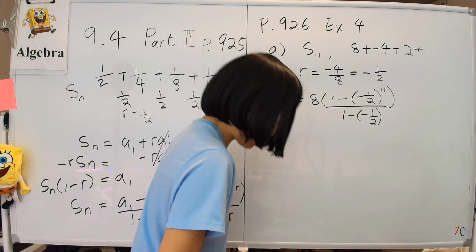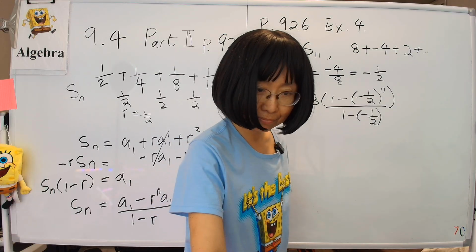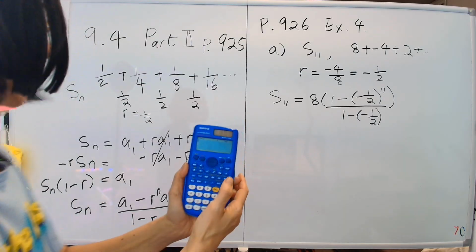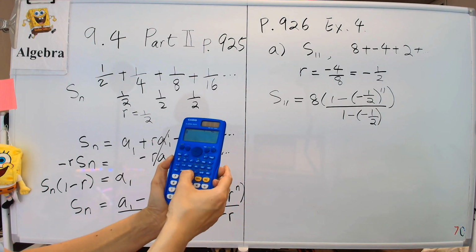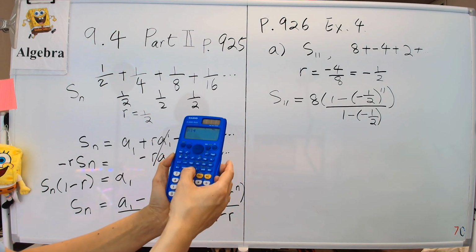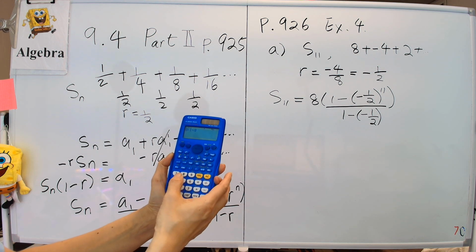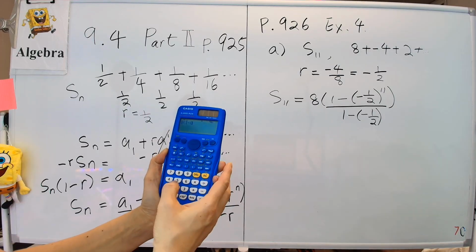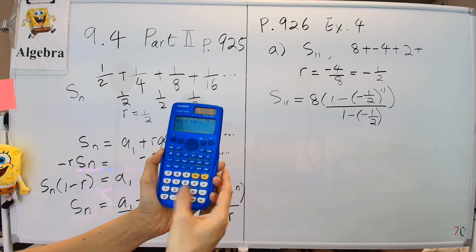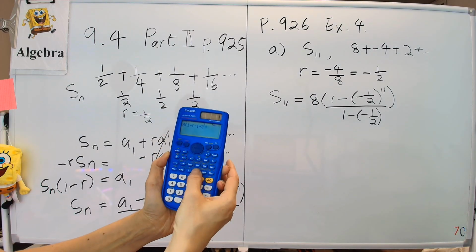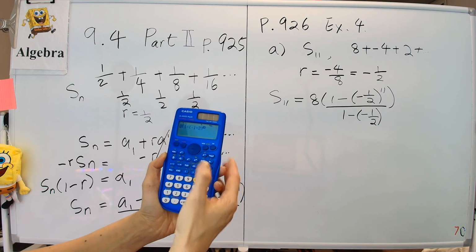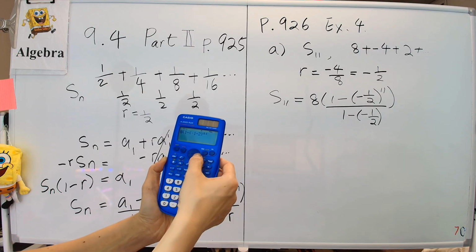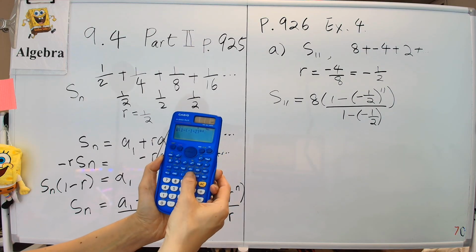First, let me turn my calculator on. We'll do 8 times 1 minus, let's put another parentheses in here, negative 1 divided by 2, that's 1/2, raised to the power 11, and then close parentheses.